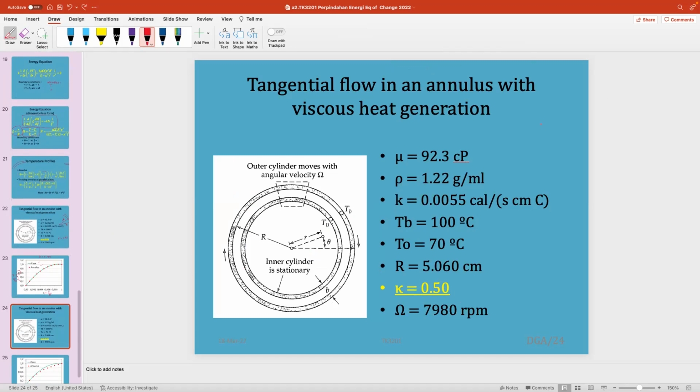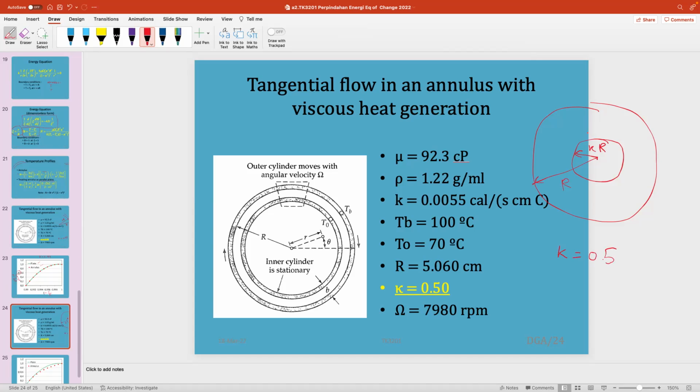So let's say they have this very large cylinder and then an inner cylinder, where this is KR and this is R, and K is only 0.5.